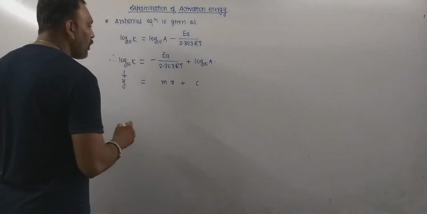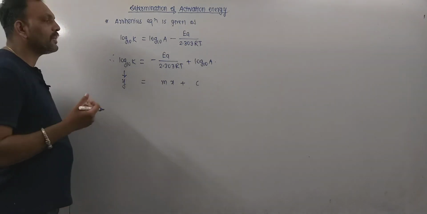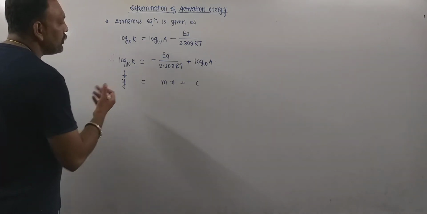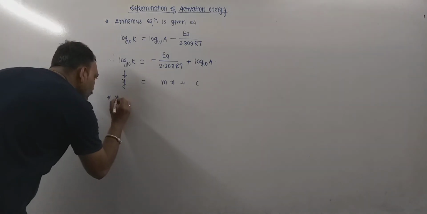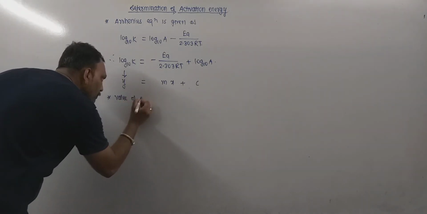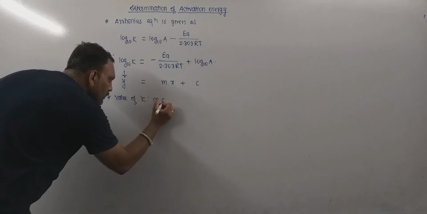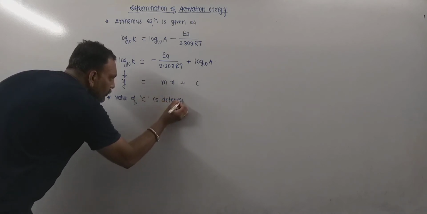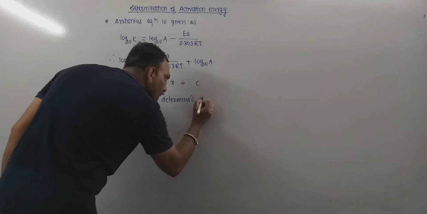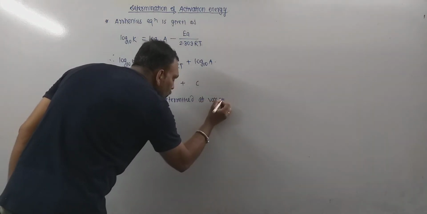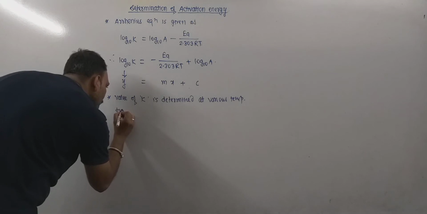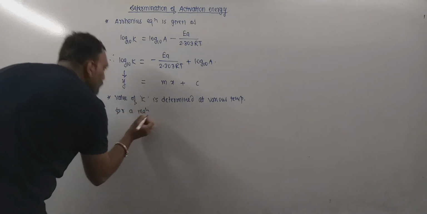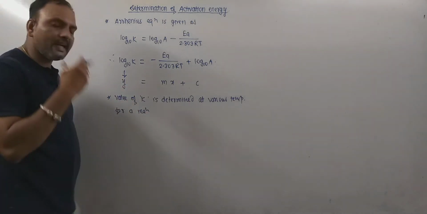So what happens? First of all, we need to determine the value of the rate constant for the reaction at different temperatures. Remember, the value of K is determined at various temperatures for a reaction. Now by knowing the value of K, what do we need to do?